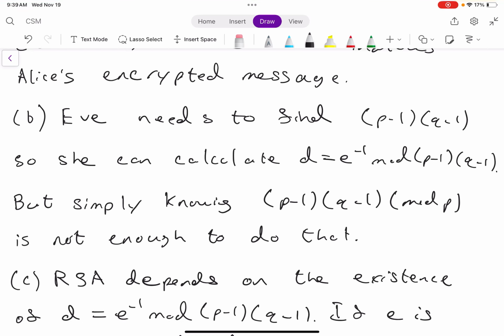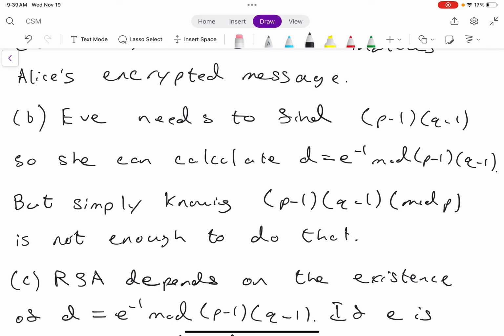Let's look at part B. Eve is able to extort extra details from Alice and Bob. She also knows the values of P minus 1 times Q minus 1 times mod P. So if we think about the goal of the interceptor, or Eve, it's to find this value called D. And D is equivalent to E inverse mod P minus 1 times Q minus 1.